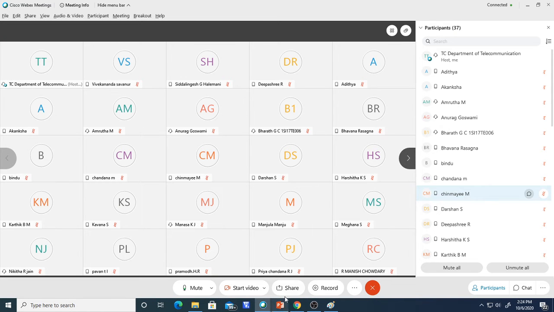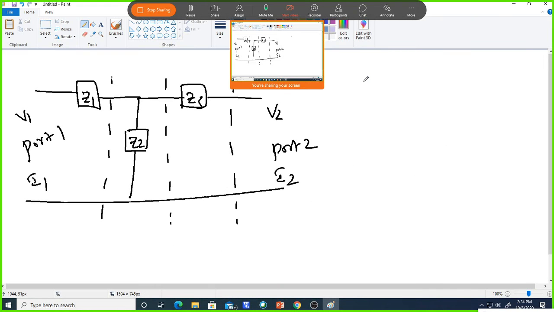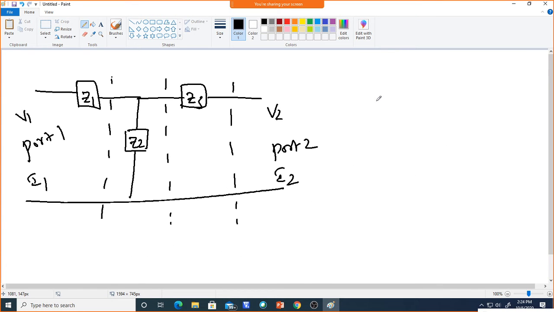Just multiply the corresponding ABCD matrices. So now just see. What is A, say for example, this is the first one. If I consider Z1 as the first two-port network, that is, this is Z1. So what is the first ABCD parameters?